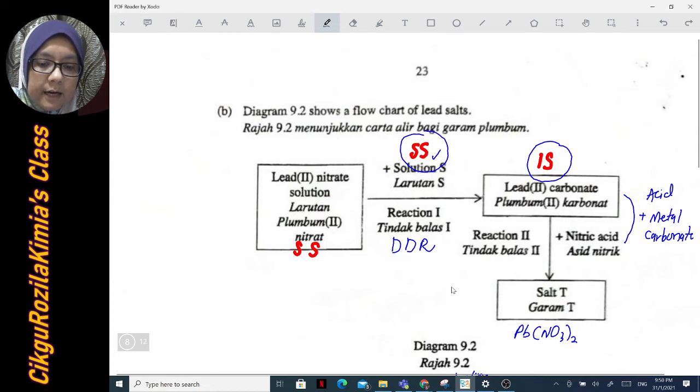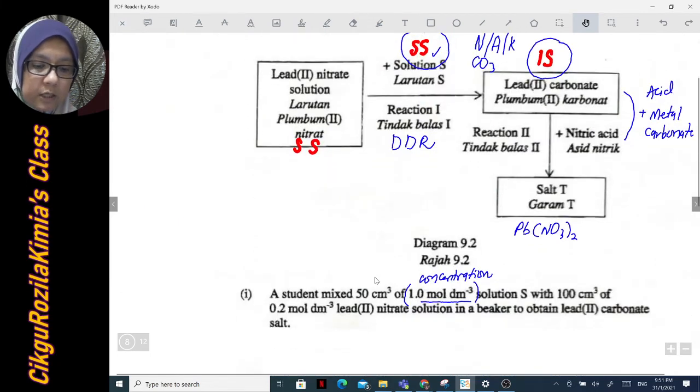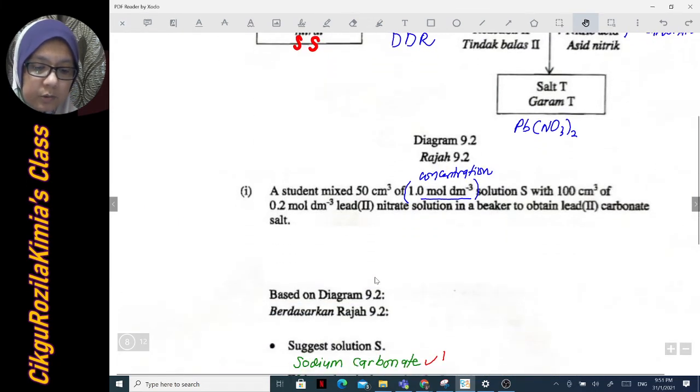Soluble salt yang ada anion carbonate. Okay. So, carbonate yang soluble sama ada Na atau K. Sodium, ammonium or potassium. So, boleh jawab lah mana-mana satu. Kat sini, cikgu pilih sodium carbonate.